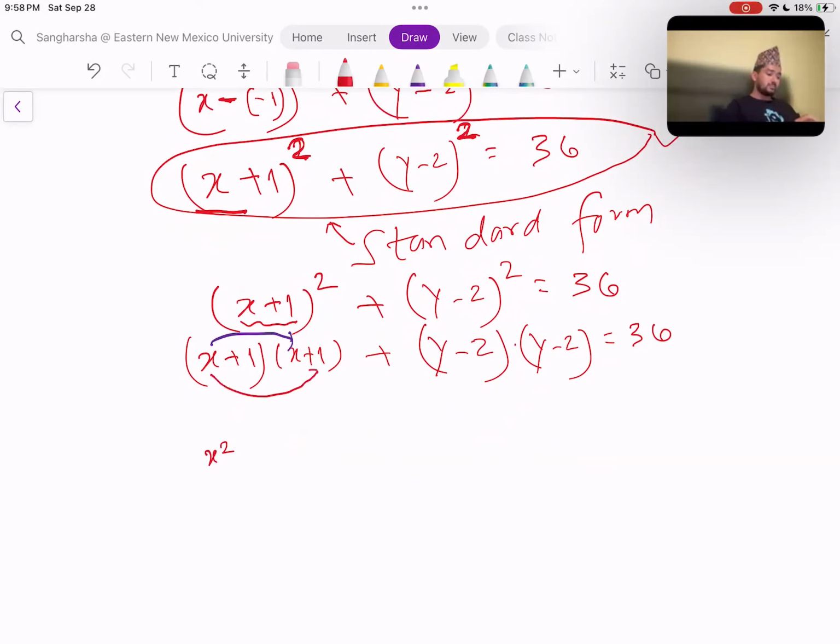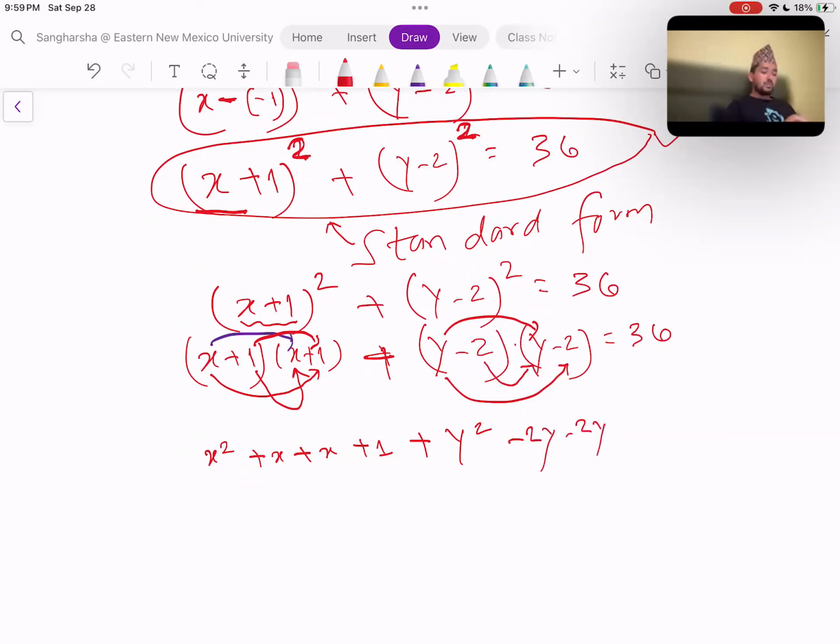Outside term: x times +1, positive x. Inside term: +1 times x, positive x. Last term: +1 times +1, positive 1. Plus, use FOIL again: y times y, y squared; y times -2, -2y; -2 times y, -2y; -2 times -2, +4, equals 36.